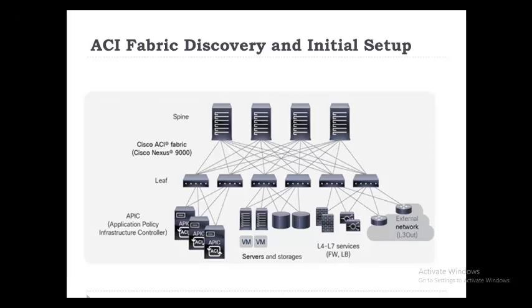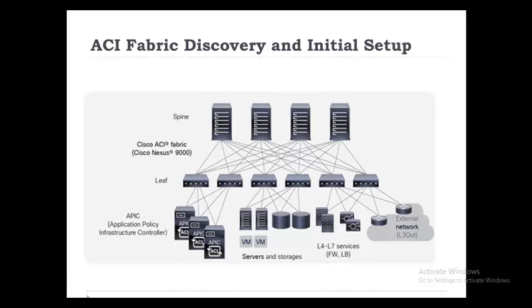We also see 3 APICs on the left, application policy infrastructure controllers 1, 2, 3 for redundancy. And we also see endpoint devices like VM servers, storages, L4-L7 service devices like load balancers, firewalls. We also have external network L3 out like routers. You can also have L2 switches. Now this is the overall picture of our ACI.